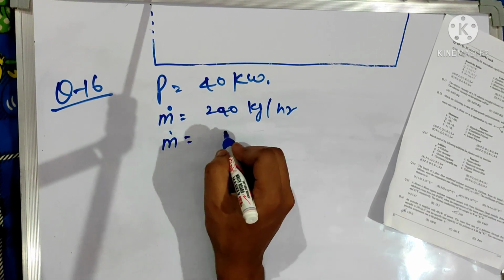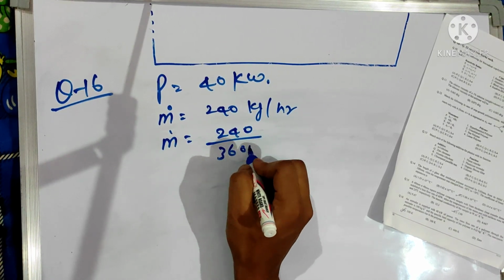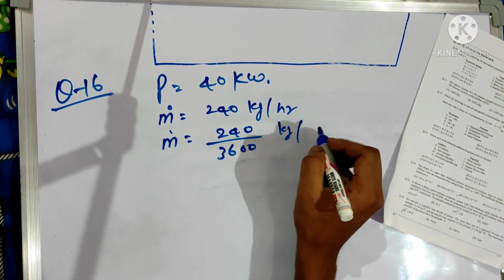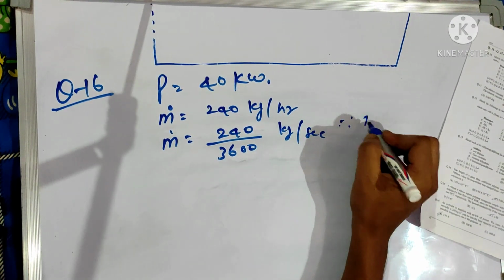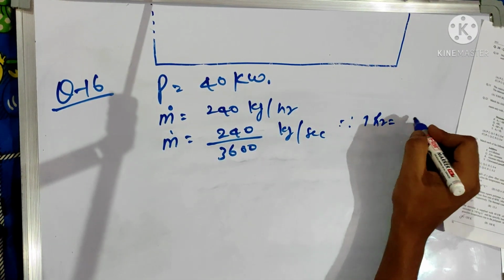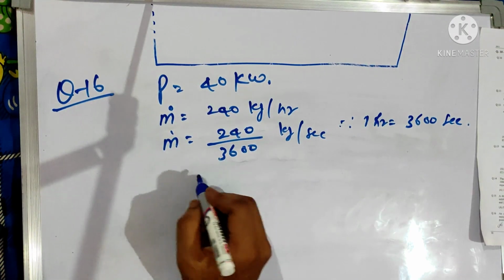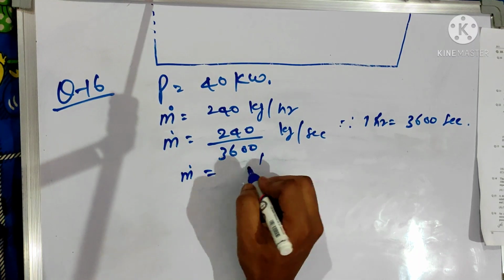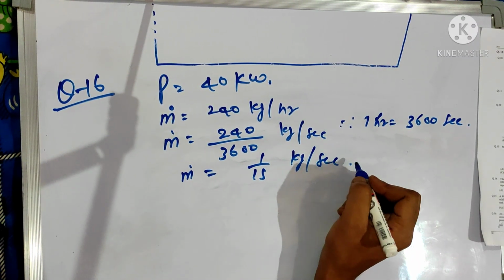Then mass rate is equal to 240 divided by 3600 kg per second, since 1 hour is equal to 3600 seconds. So mass rate is equal to 1/15 kg per second.